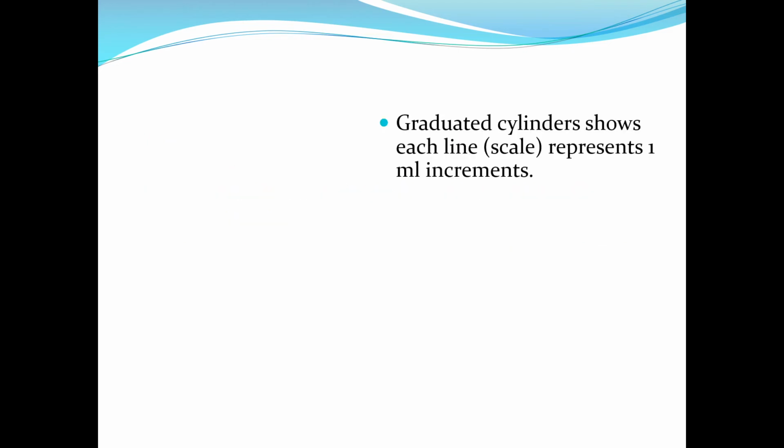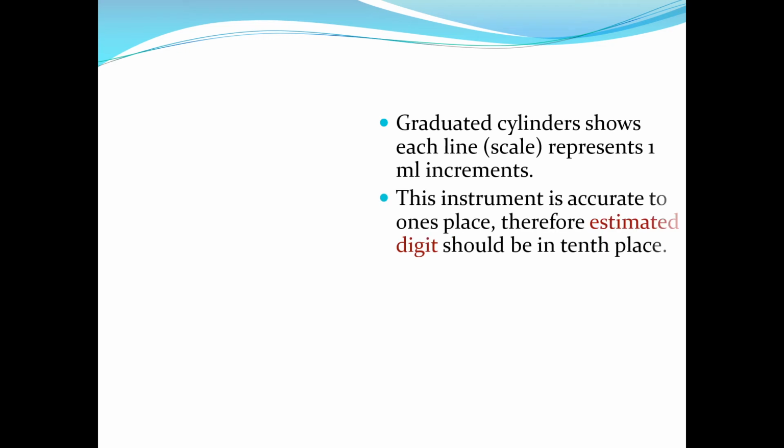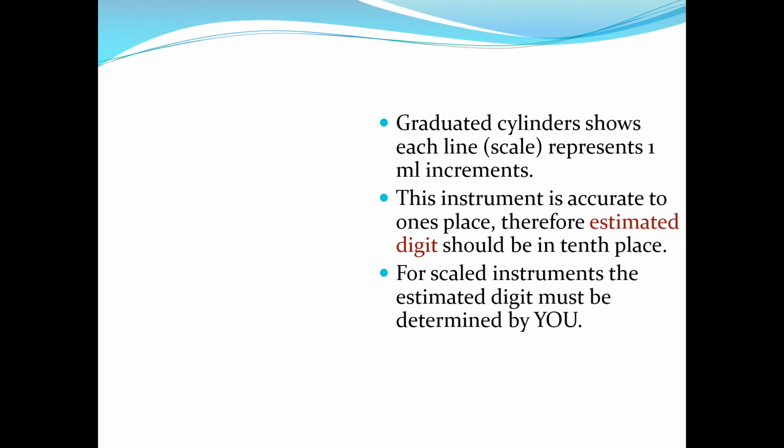So I'll give an example. Graduated cylinders show each line representing 1 milliliter increments. The instrument is accurate to the ones place, therefore the estimated digit should be the tenths place. For scaled instruments, you have to estimate it.